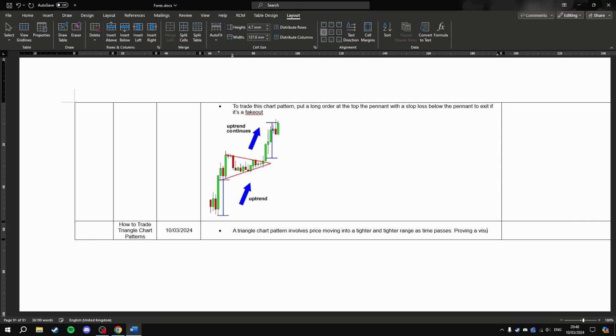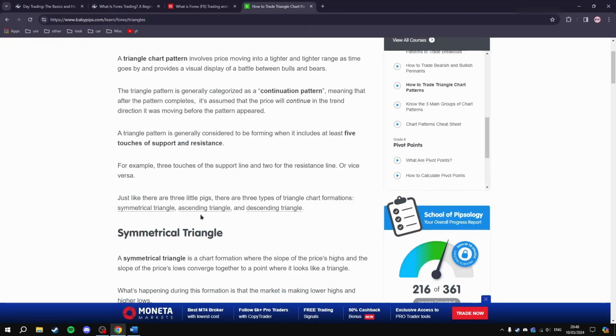Providing a visual display of a battle between bulls and bears.